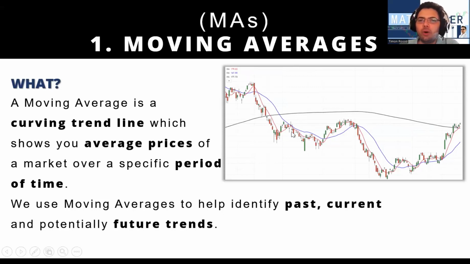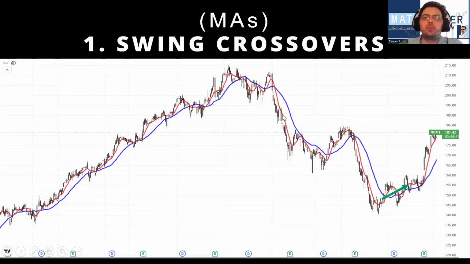The past is what we see occurred with the prices on a chart. The current is seeing where we are with the moving averages. Right now, the 7 is above the 21, the price is moving up, and the price is above the 200-day moving average. So where is the market more likely to move? Future trend: up.